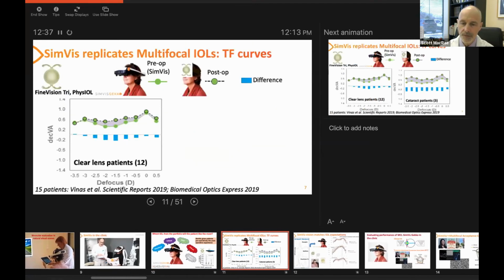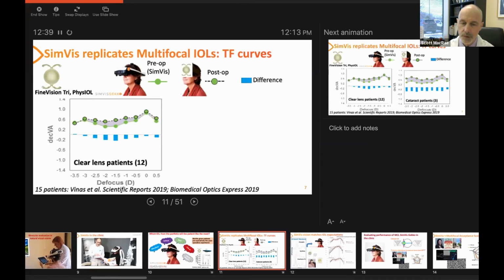So this is taken from some work that Dr. Marcos's group has done, taking clear lens extraction patients, and with these patients, they actually do the SimVis simulation and do a defocus curve, as you can see in the lower green scale on your left, and then compare that to the patient after they get a FineVision trifocal in a group of 12 patients.